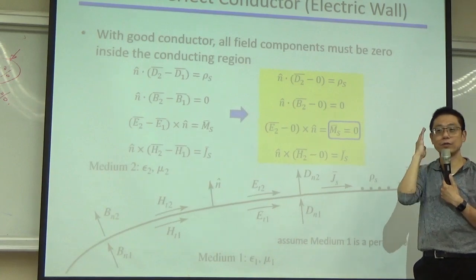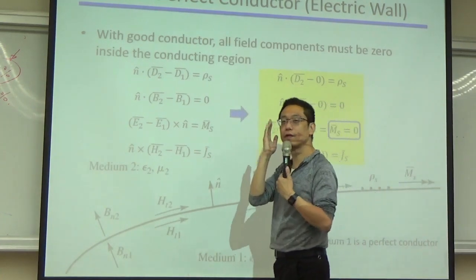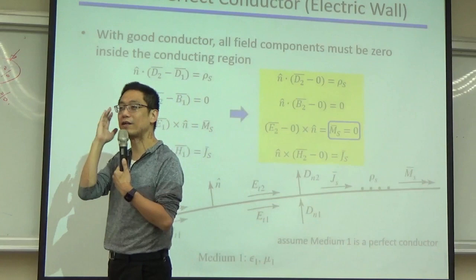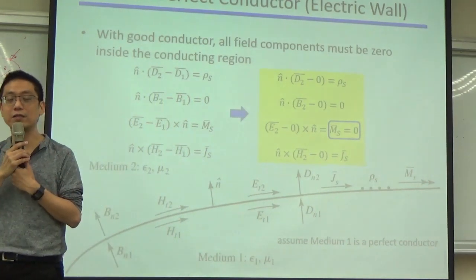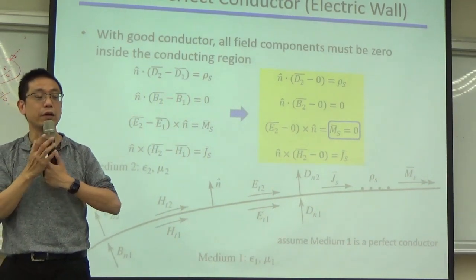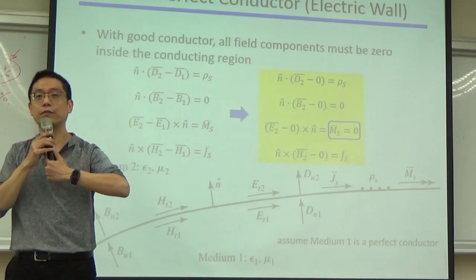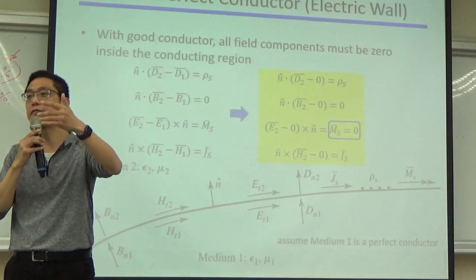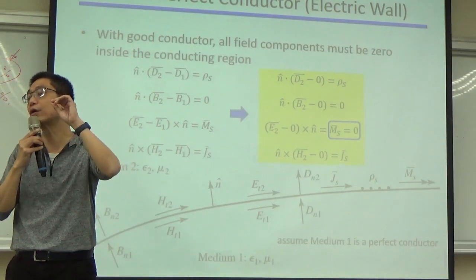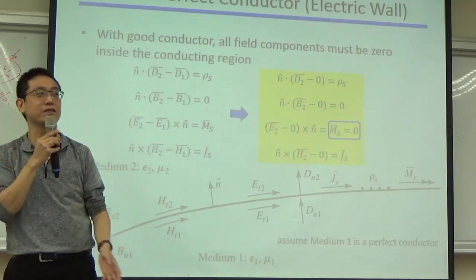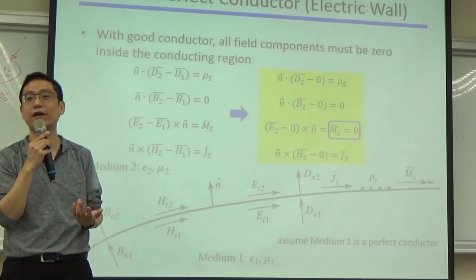If you use your cell phone in an elevator, you cannot get a signal. It's like the material of your elevator is a perfect conductor, right? It's a good conductor, it's not perfect. Perfect is zero.